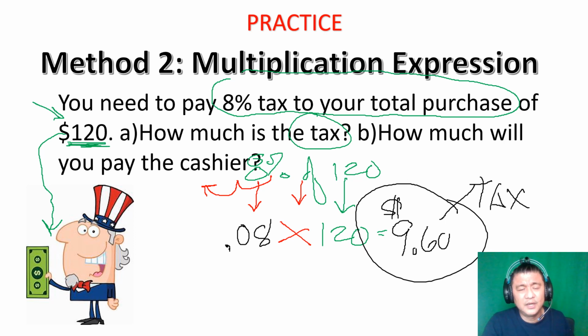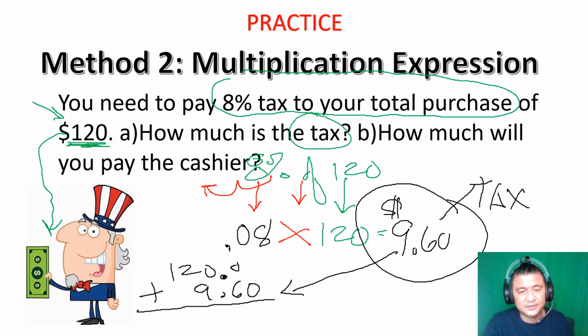No. 120 is what you're supposed to pay plus the tax of 9.60. See how I align the decimal point? That's how you add with decimals, okay? So 129.60 is what you need to pay after including the tax, okay?